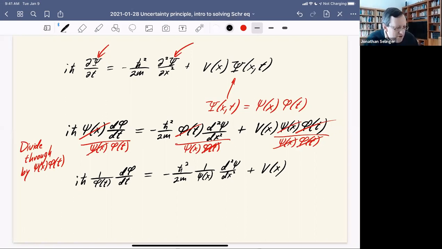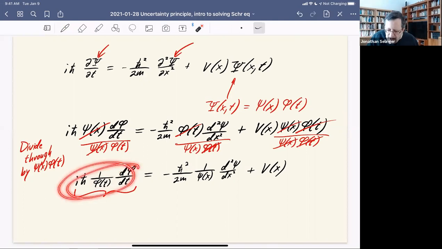Now, there's a little trick. If we look at what's on the left side of this equation, this thing is related to time. Phi is just a function of time. So this involves time, this involves time.